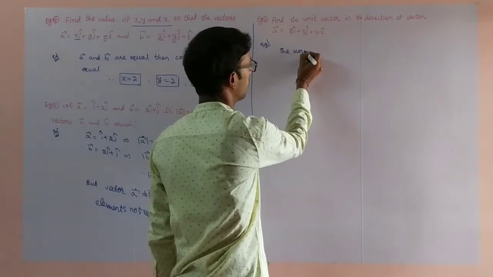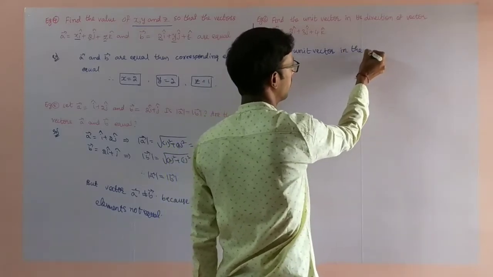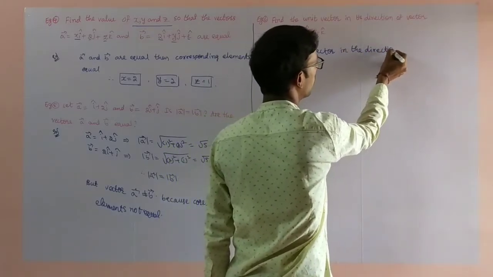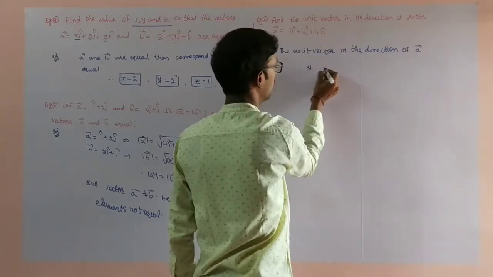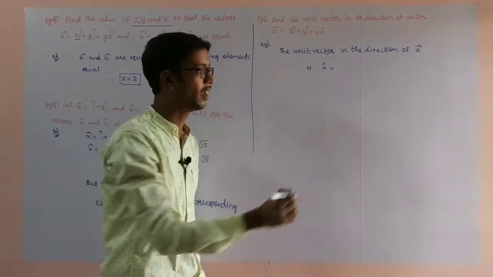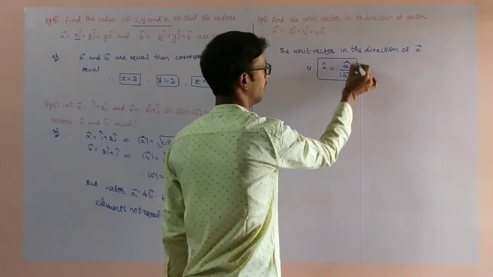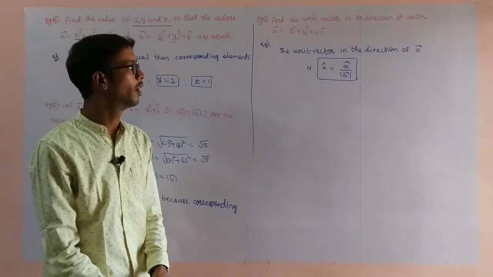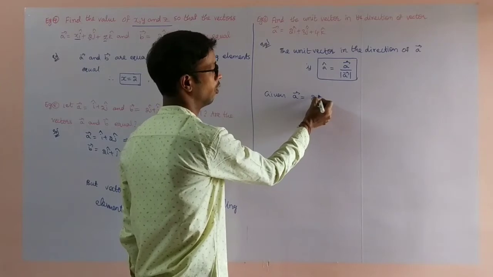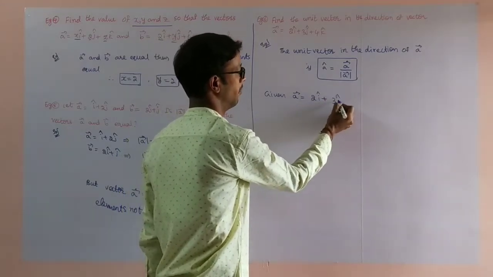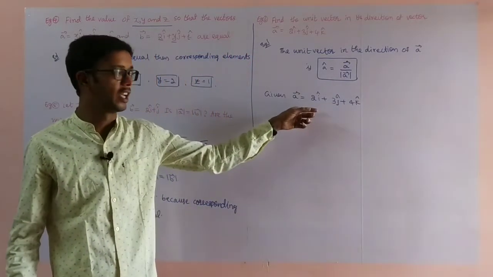The formula for a cap is a bar divided by magnitude of a bar. Given a bar is equal to 2i cap plus 3j cap plus 4k cap. This is the given vector.